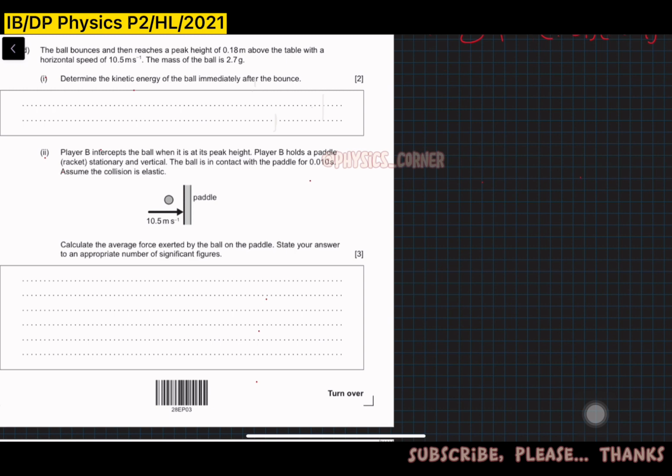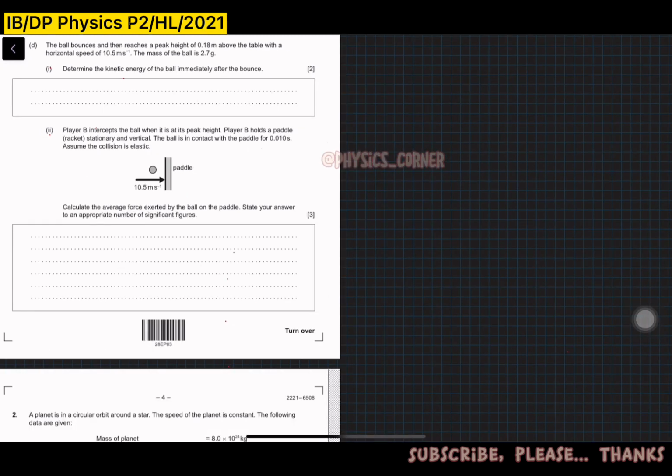Determine the kinetic energy of the ball immediately after the bounce, when on the floor.